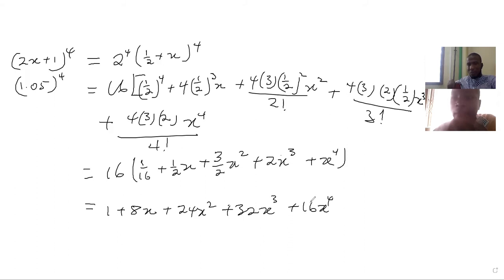So if anything, I'm supposed to write 1.05 exponent 4 in the form 2 exponent 4 half plus x exponent 4. Exactly. It can be this way, it can be this way, or it can be this way.